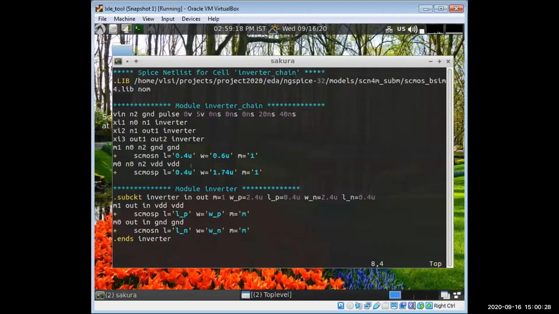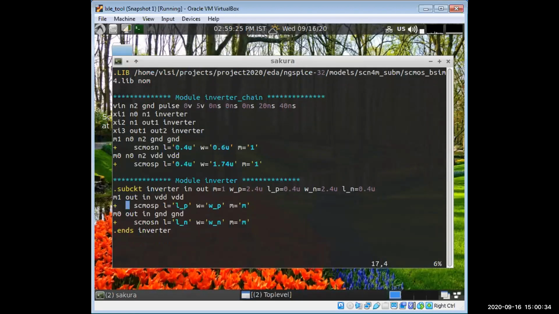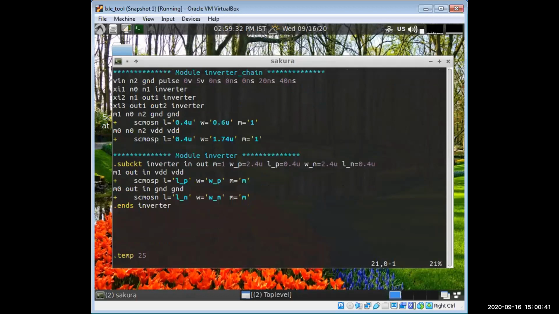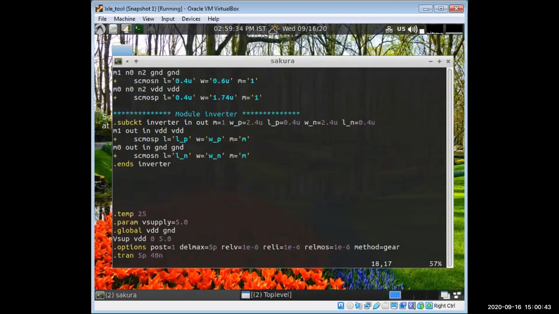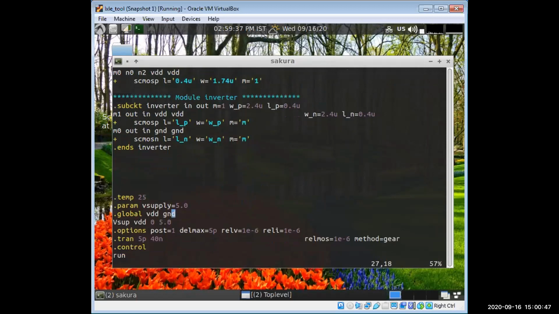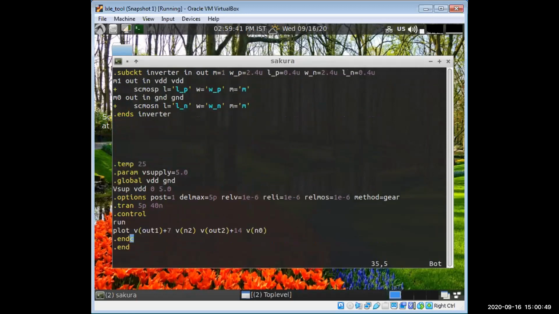So you can see here the sizes 0.6 and 1.74, properly sized. Then the module inverter where the sizes are symmetric, 2.4 and 0.4 for the WP and WN. This is SCMOS P and SCMOS N technology. Then the parameter we supply is 5 volts, global VDD and ground. I have kept VDD as 5 volts, then transient 5 picoseconds to 40 nanoseconds and .control run.